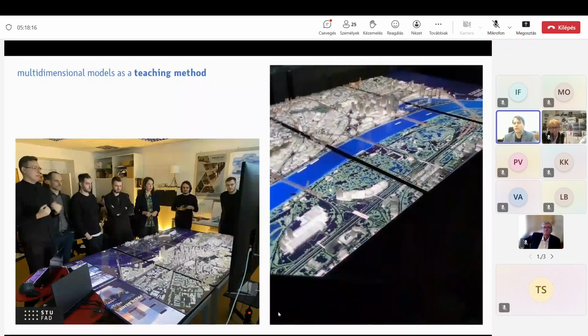We can use the same model for monument presentation, not only industrial heritage, but also traffic and greenery, floods, the rising of the water, and also for presentations of students' designs for new development.